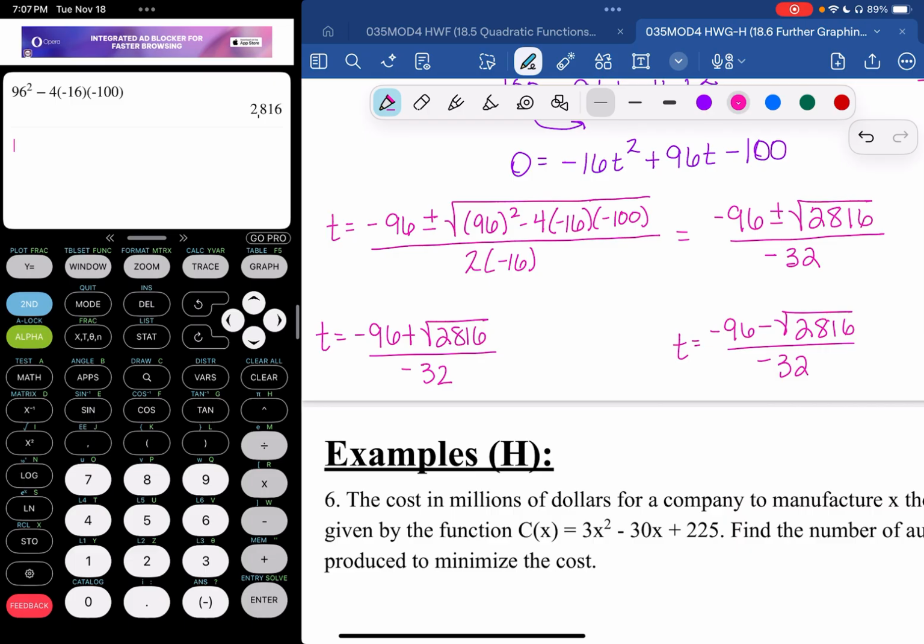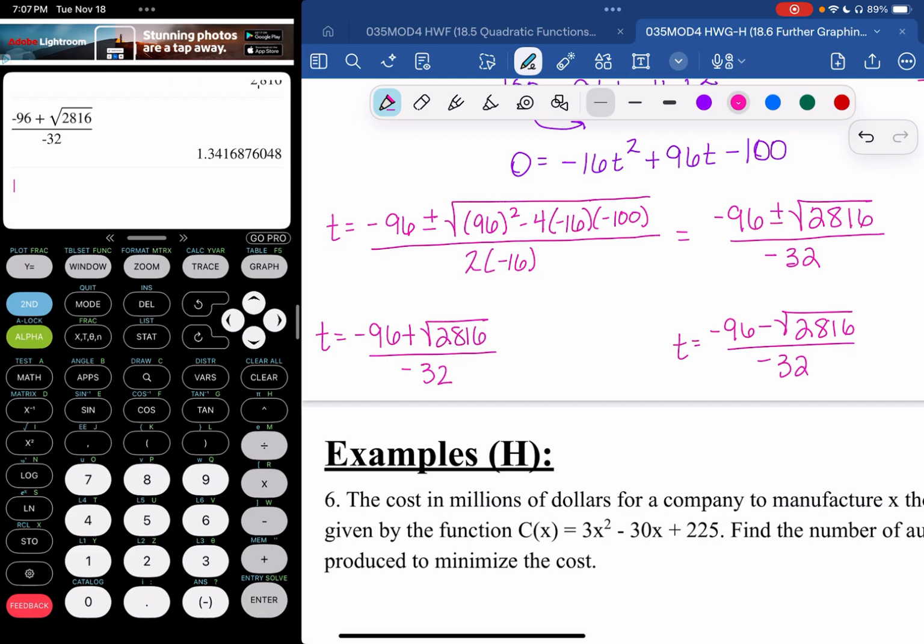So I'm going to go in here. I like to use the fraction, so alpha, and then x will give you the fraction. So negative 96 plus the square root of 2816 over negative 32. So that means that this one is 1.34, and it was seconds. So that could be one answer. Because if it goes up, it's going to come back down, right?